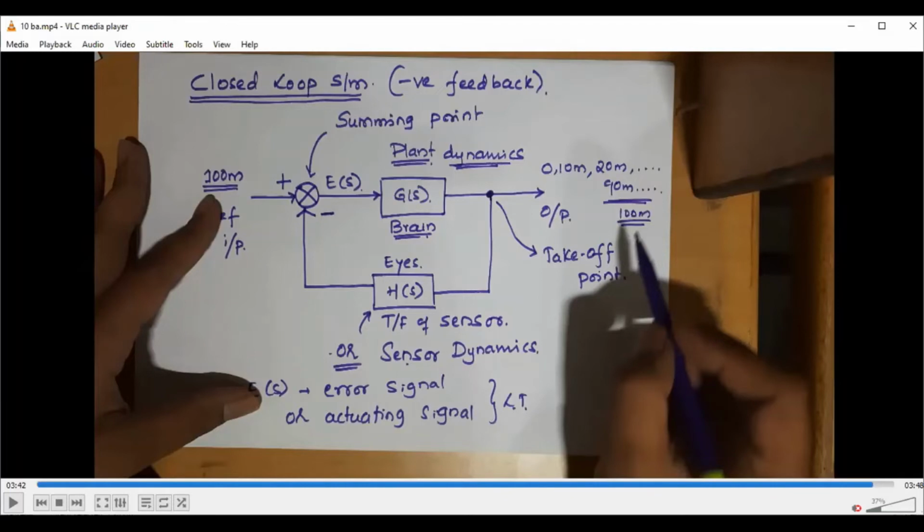I'm taking the command signal or the target signal to reach 100 meters. There are some other scenarios in advanced control theory where we want to bring the system from some non-zero value to zero value. They are quite different. But for this particular example, I cannot initiate from 0 meters as a command signal.